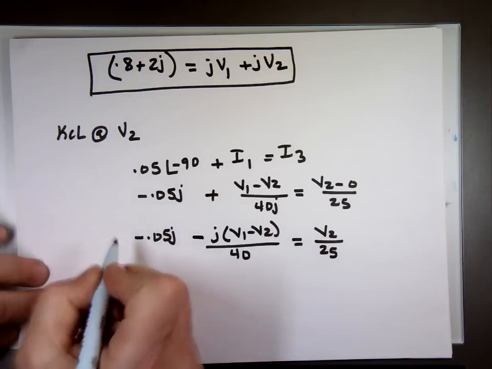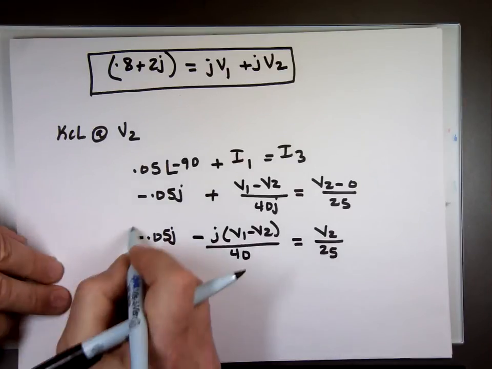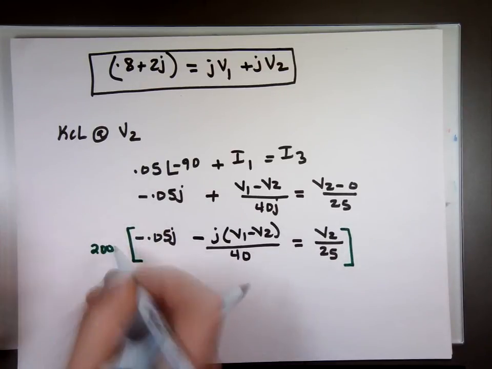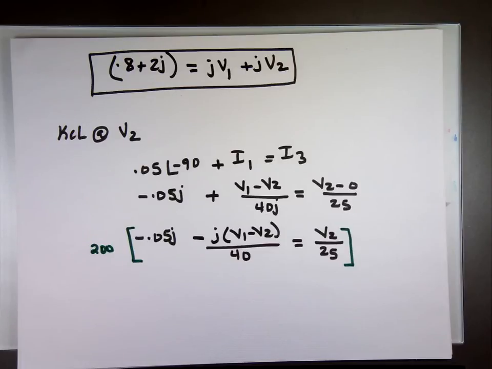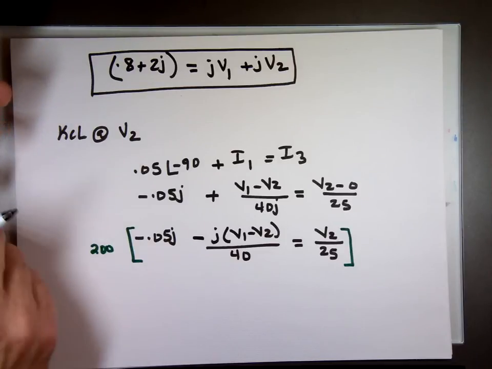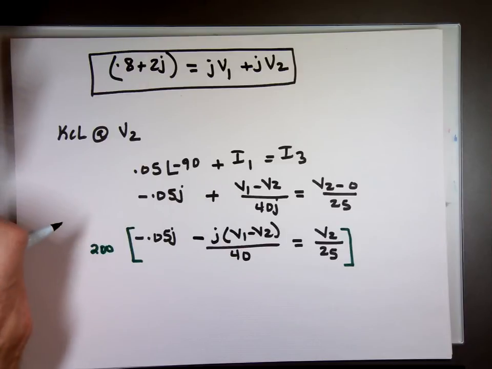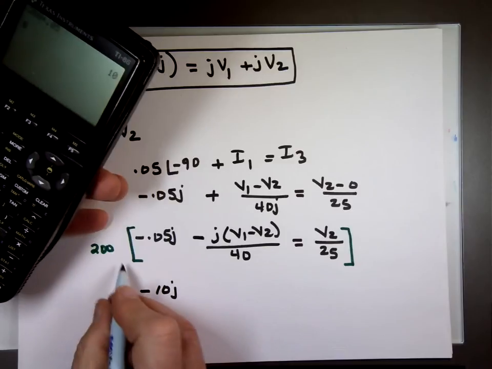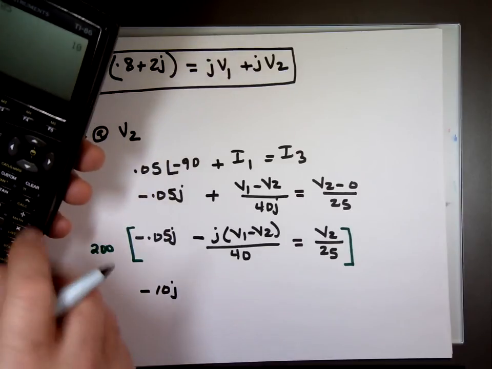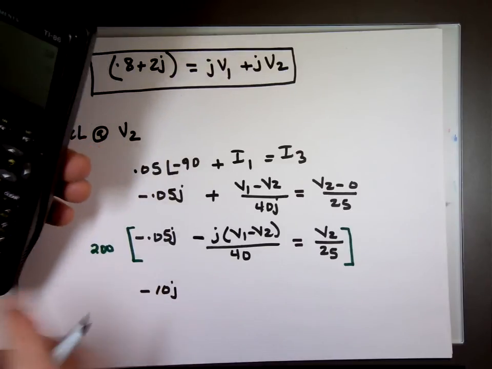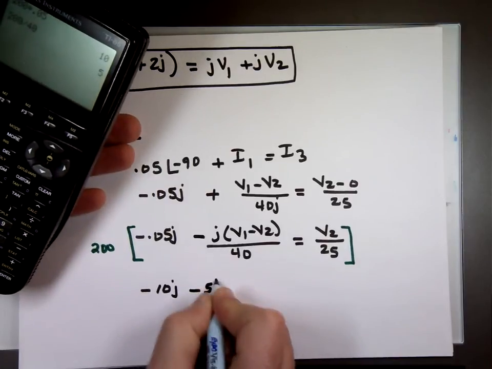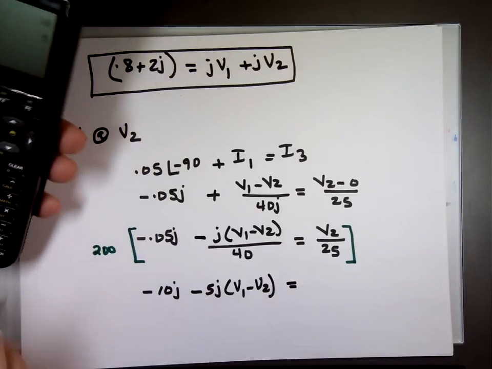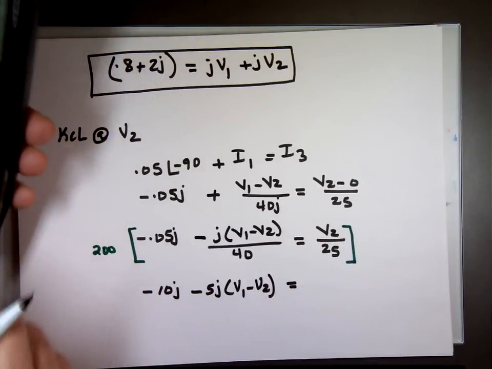So if I take this equation, multiply it by 200 to get rid of the fractions, 200 times 0.05, that's negative 10j. 200 divided by 40 is 5, I think. Negative 5j V1 minus V2 equals 8 V2.